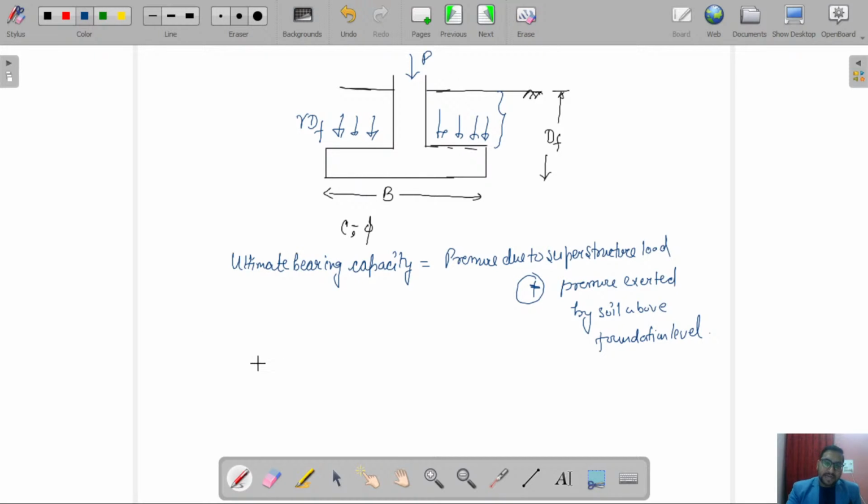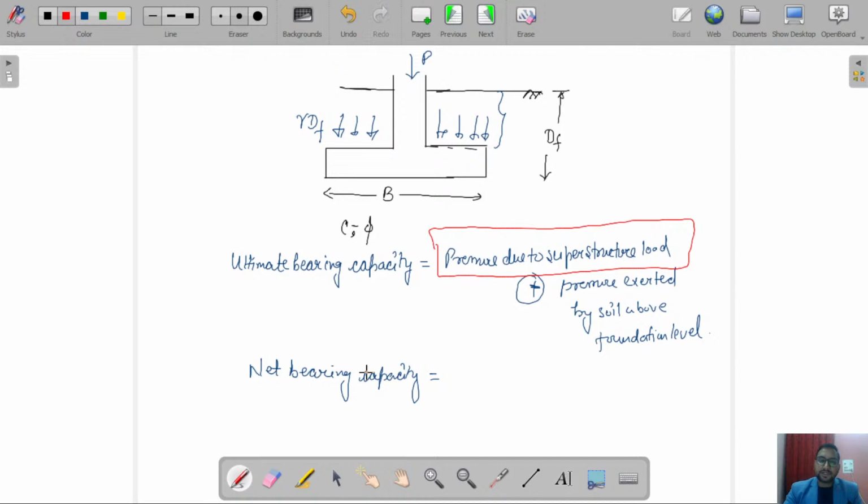If I am saying net bearing capacity, it will be due to only the pressure exerted by the superstructure, this part. That is my net bearing capacity.